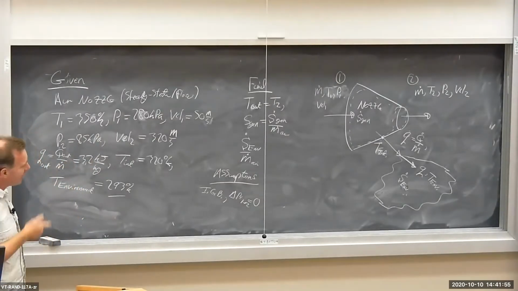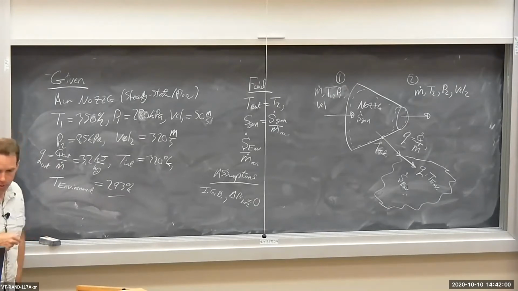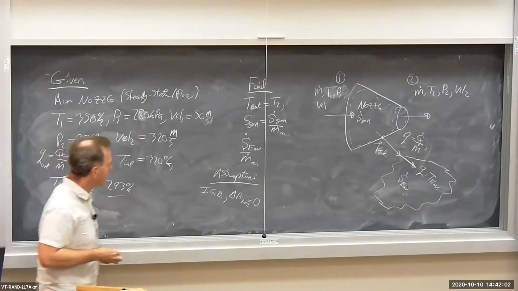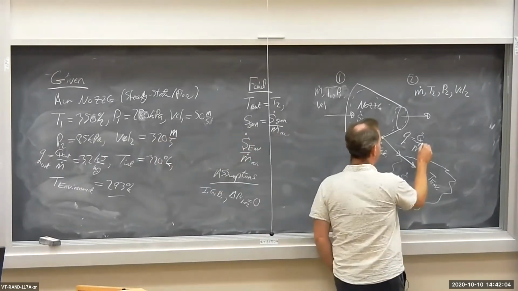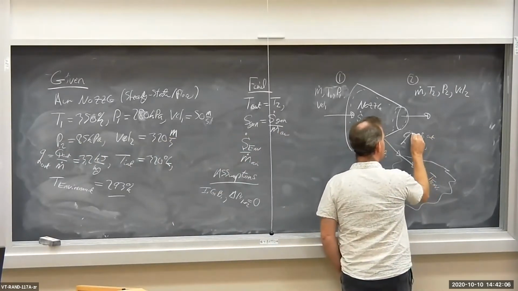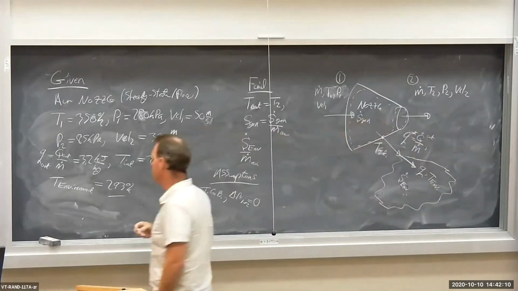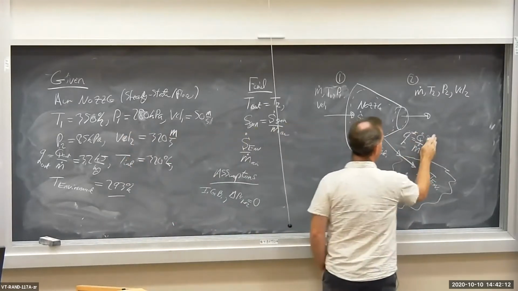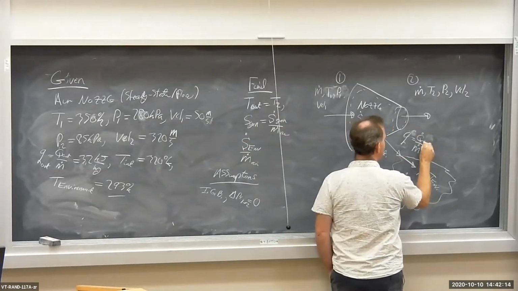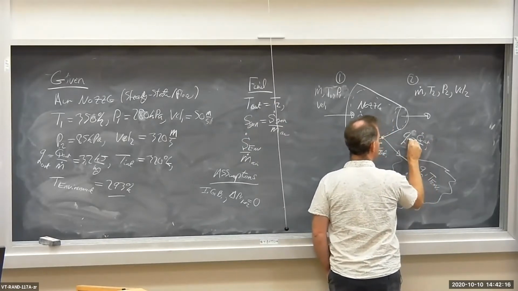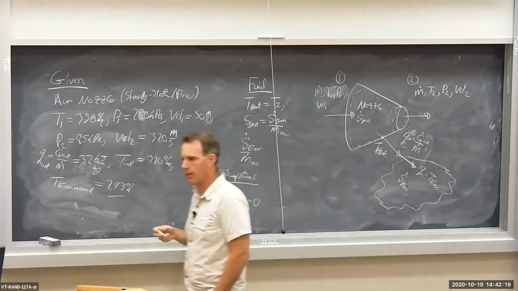I guess I could have put negative Q dot out there. That might have been the way to go. Maybe I'll go over and do that. So this is actually Q dot out. I'll call it Q dot out, using a subscript here. Yeah, there we go. Okay, that looks good.